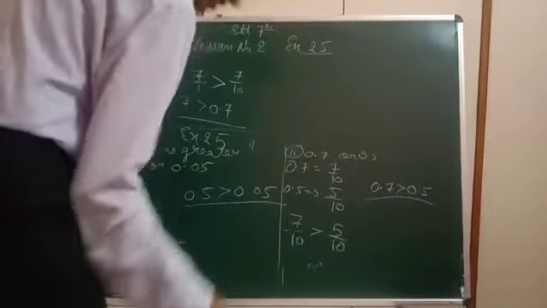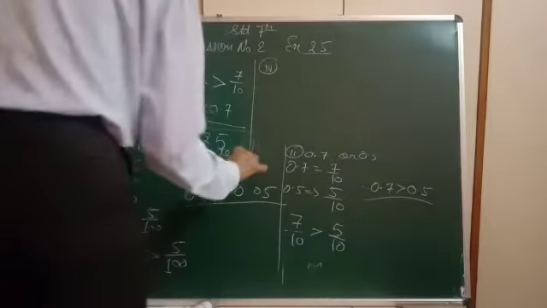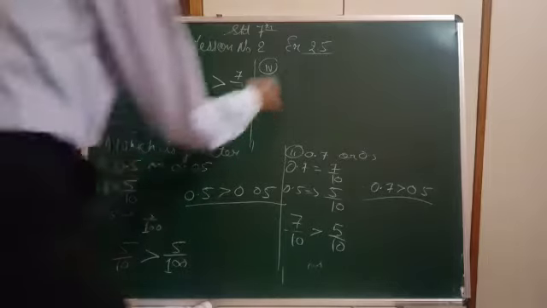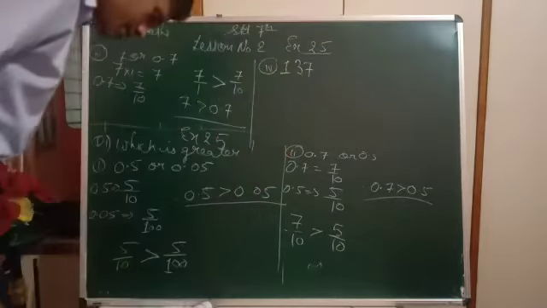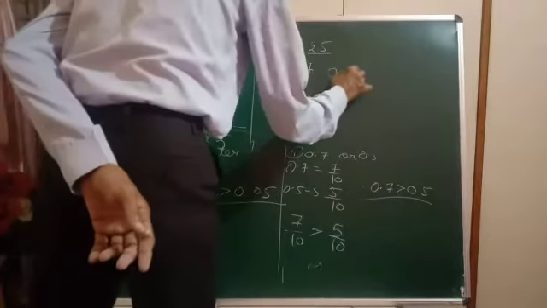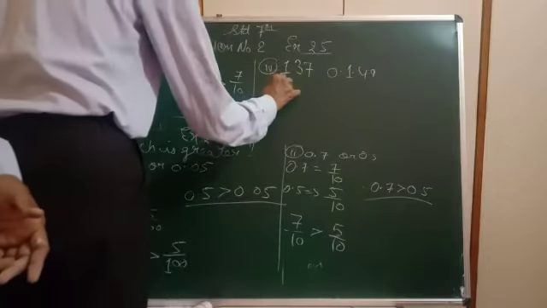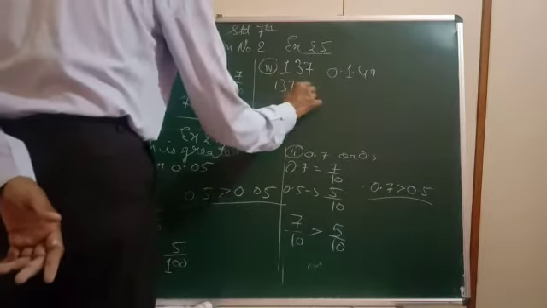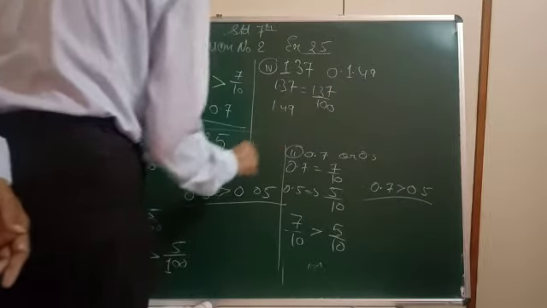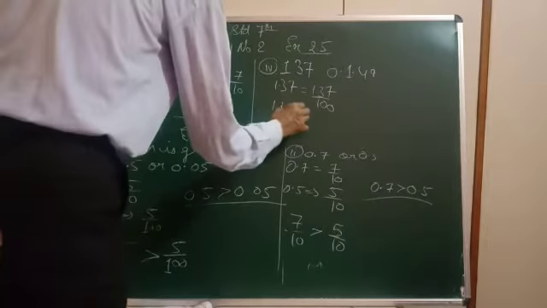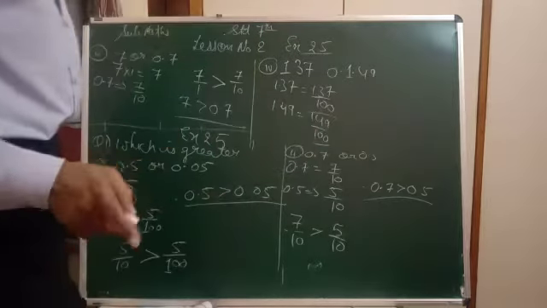This is the answer of this question. Next question, fifth question. 1.37 or 1.49? Again, we can clearly see that 1.37 can be written as 137 upon 100, and 1.49 can be written as 149 upon 100. Both have equal denominator, that is 100.